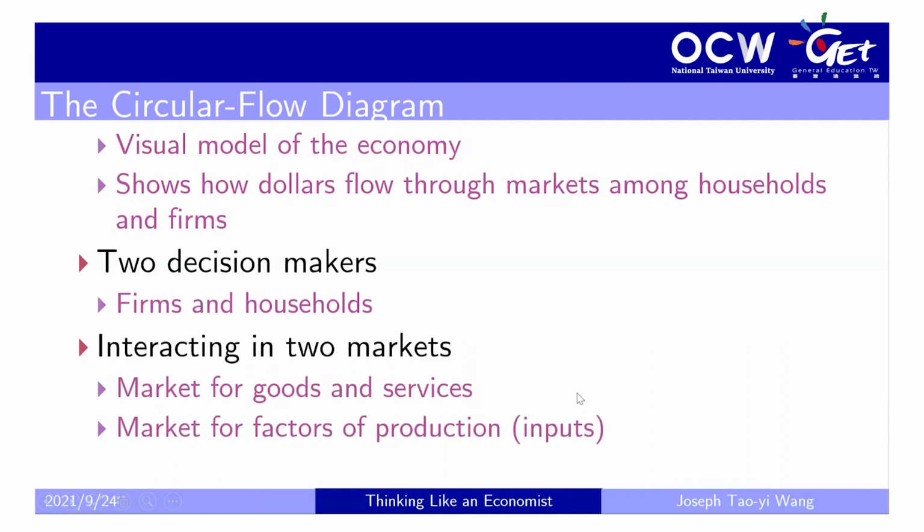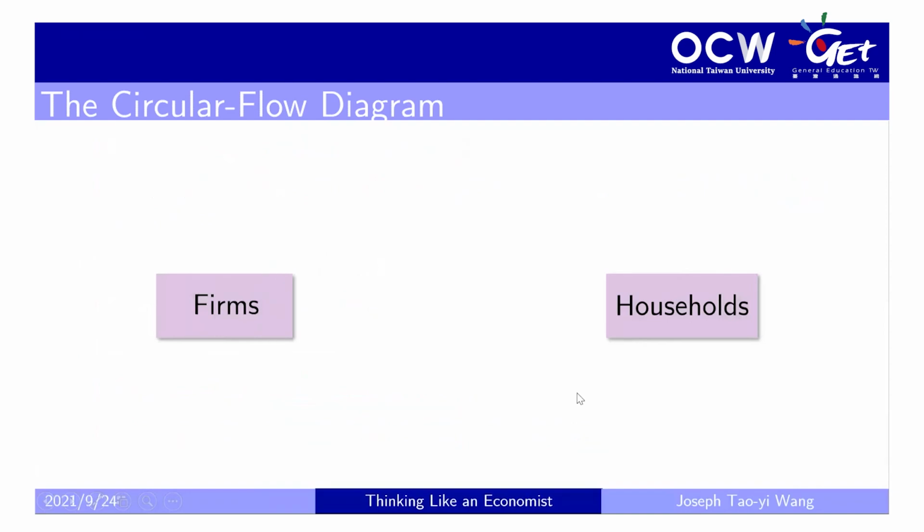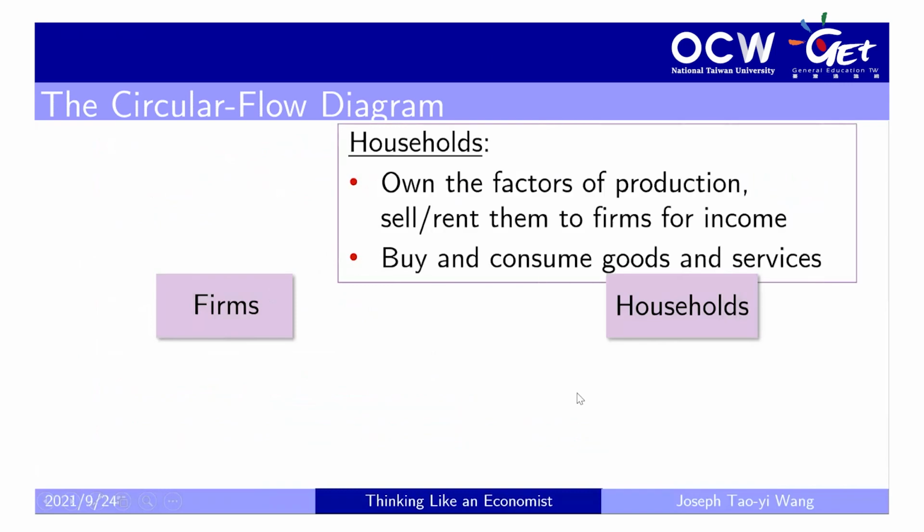Again, remember, to try to capture the whole economy, we're simplifying this to two actors and two markets. Of course, that's just a simplified representation. No economy has only two markets. Here, we have firms and households. The households have factors of production, they have labor.